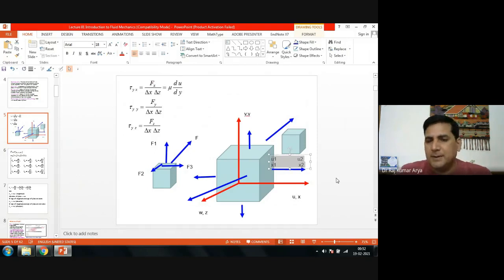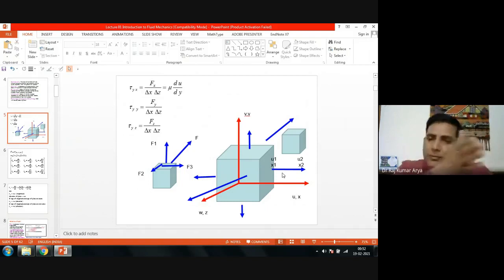Yes, sir. Now, because the motion is going from left to right, in the plus x side, u1 is always higher compared to u2. x1 would be low because from here the coordinate is just starting, compared to your x2. Correct?